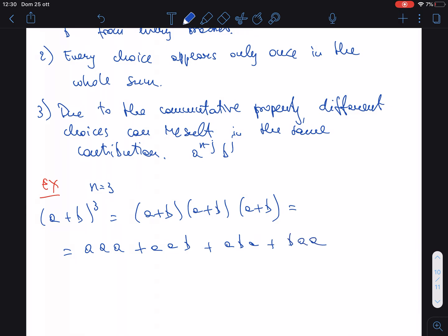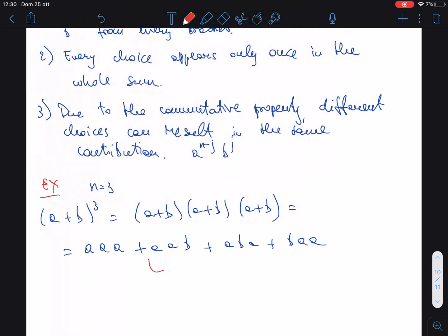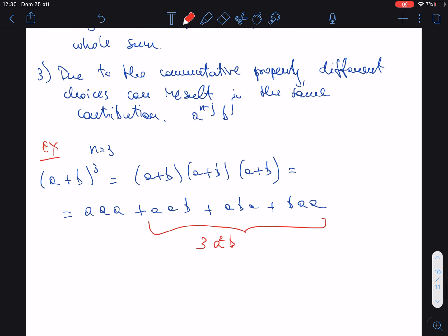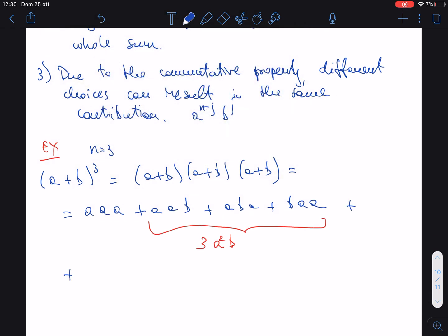Here all choices with just one b, and this is always a squared b. There are 3, so this is 3a squared b. Okay, and here plus ABB plus BAB plus BBA.